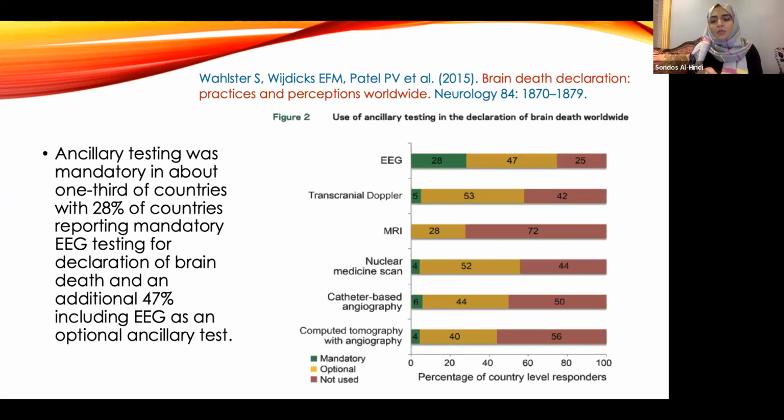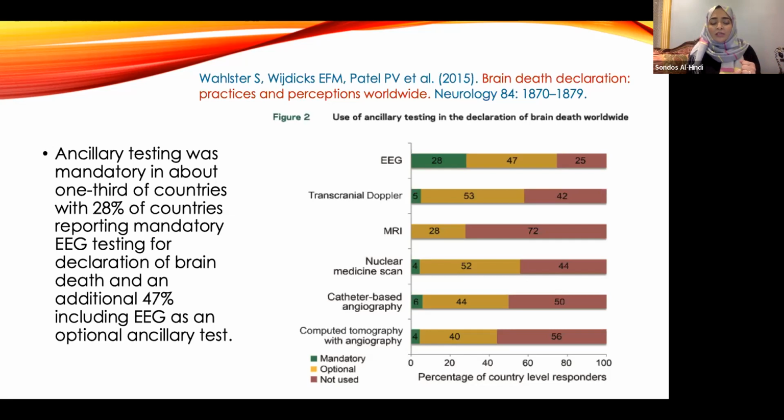Published back in 2015, Brain Death Declaration, Practices and Perceptions Worldwide. It was found that ancillary tests were mandatory in about a third of all the countries that participated, and a lot of countries participated in North America, Africa, Asia, Middle East. So 28% of the countries reported mandatory tests, with EEG being a mandatory test for them to declare brain death.